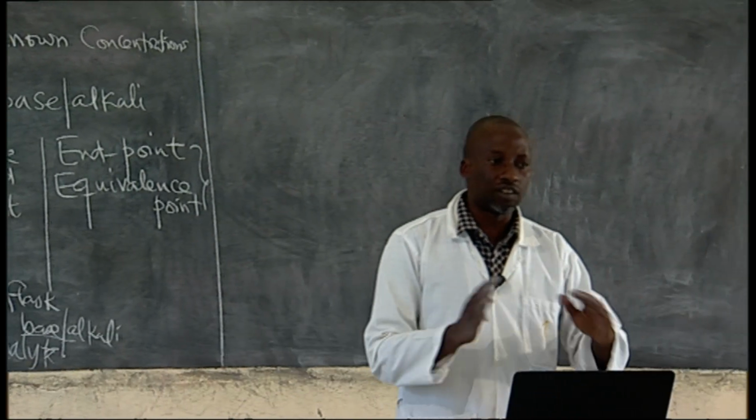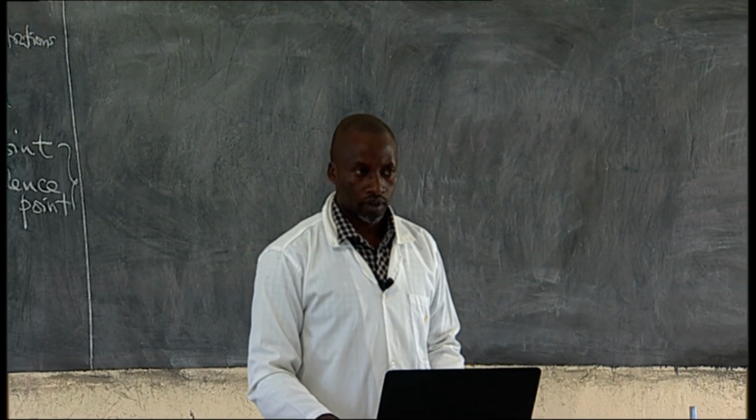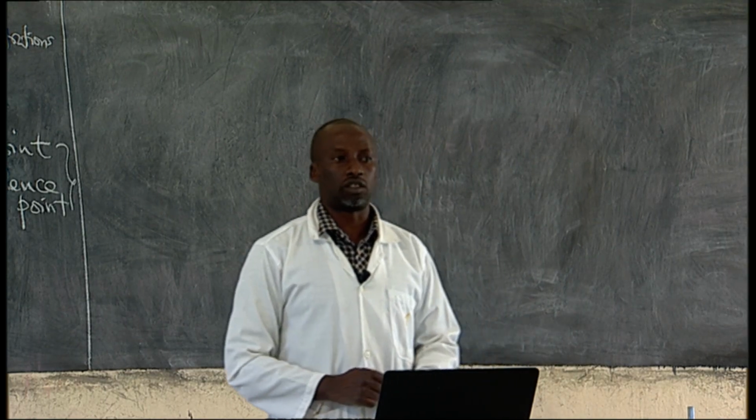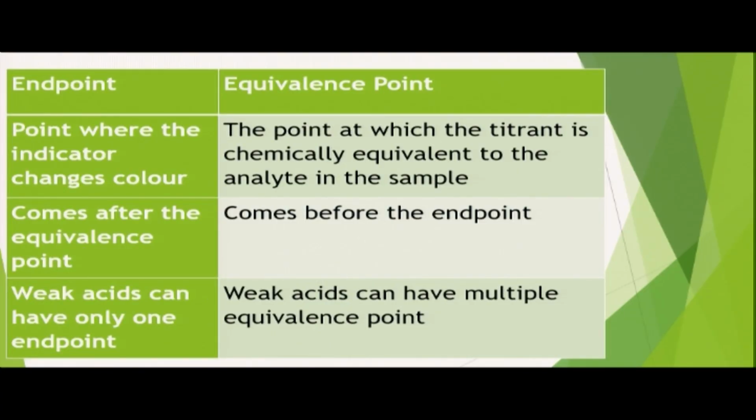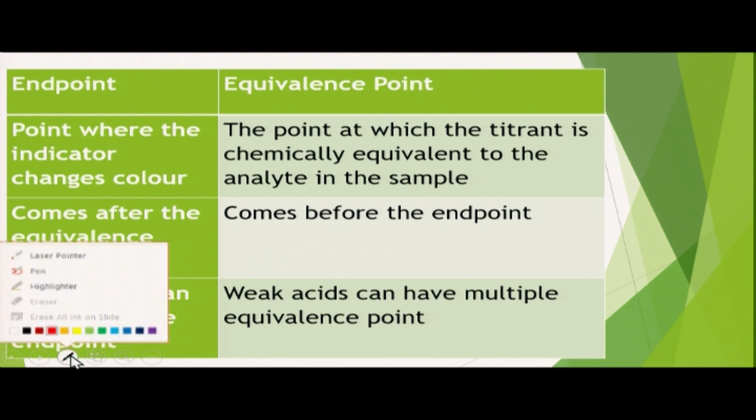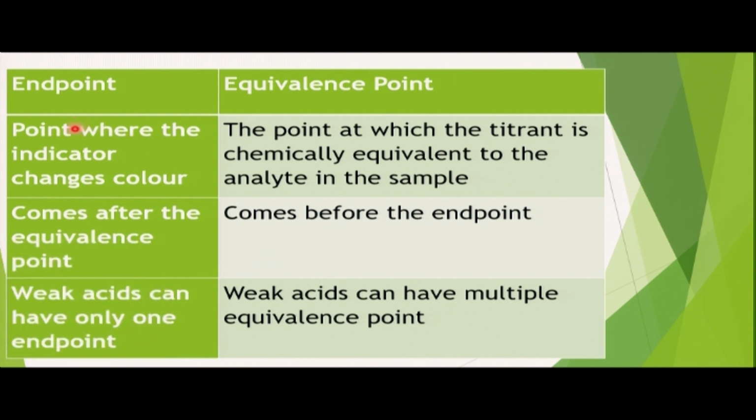So what is the difference between the two, the end point and the equivalence point? Usually, they are a bit confused. The end point is where the indicator changes color. And here, the equivalence point is the point at which the titrant is equivalent to the analyte in the sample.